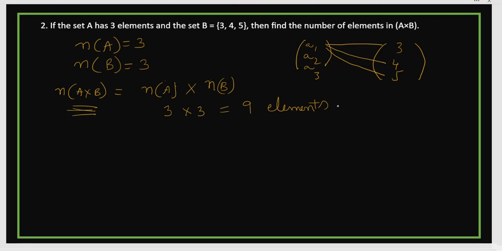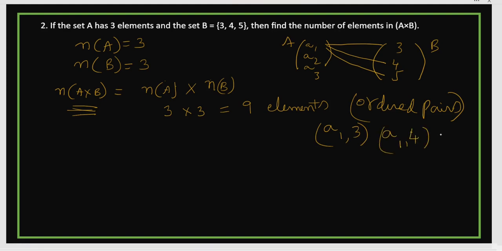These elements are ordered pairs. Remember, I am repeating it again: they are ordered pairs. You can say (A1, 3). Order is very important: the first is from set A, the second is from set B. The first pair is (A1, 3), the second is (A1, 4), the third is (A1, 5).